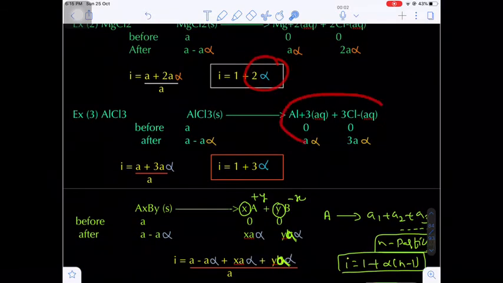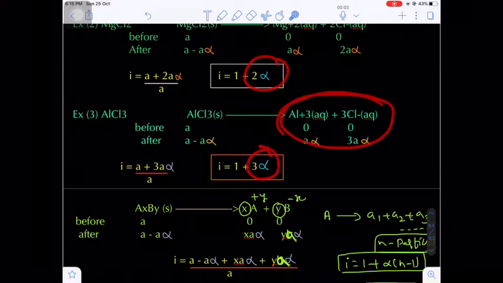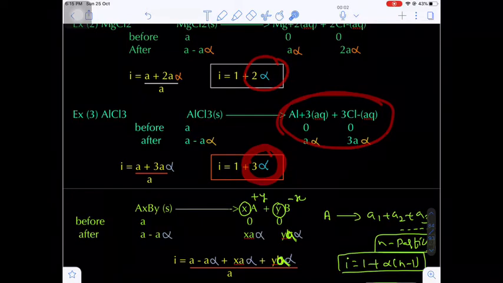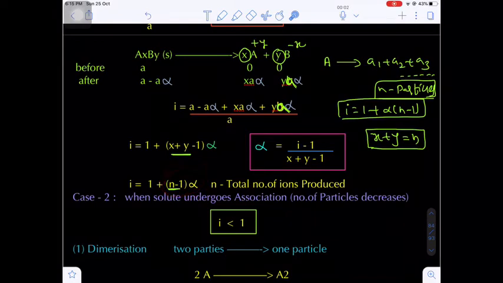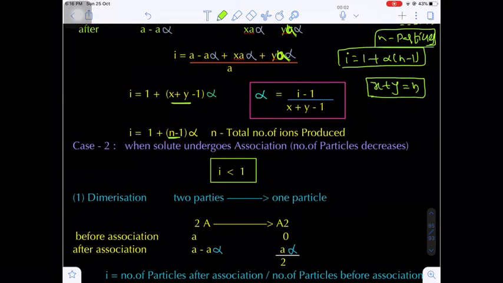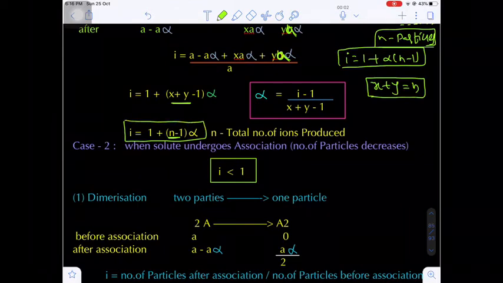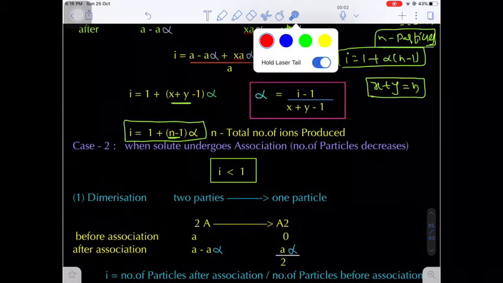In the third example, total particles produced are 4, so (4 minus 1), 3 into alpha. That's why I am writing (n minus 1) into alpha. This is a very, very, very important formula. We have to remember this formula regarding the dissociation of an electrolytic solution or ionic compound. Are you getting my point?